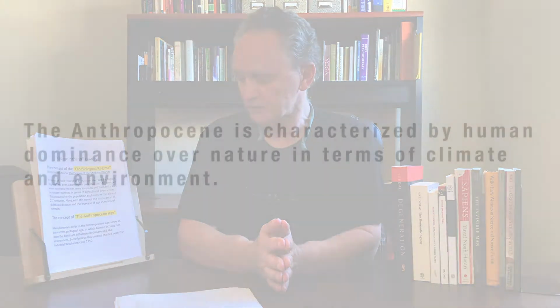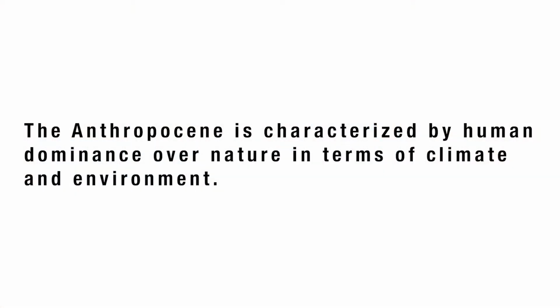So this is exactly the time that Wells is writing, and he's writing in 1890, but he already can see the outlines of some of the features of the Anthropocene era. And here, basically, the definition: Anthropocene is where human activity has been the dominant influence on the climate and the environment.